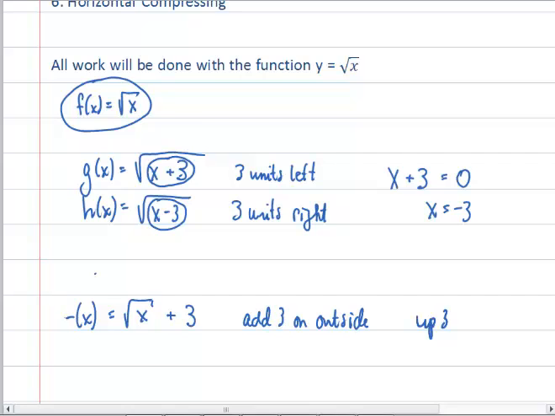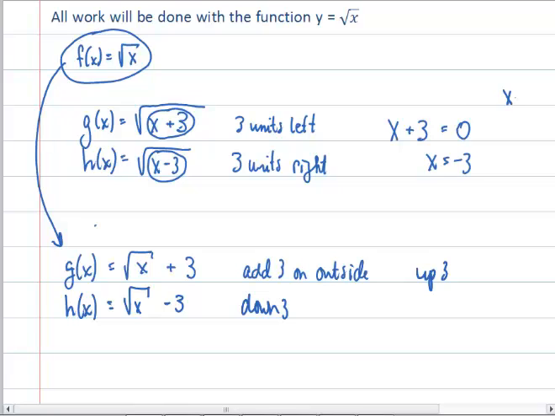And I should really change this to g of x, because my original function was f of x. g of x will be root x plus 3. h of x will be root of x minus 3, and that'll move it down 3 units.